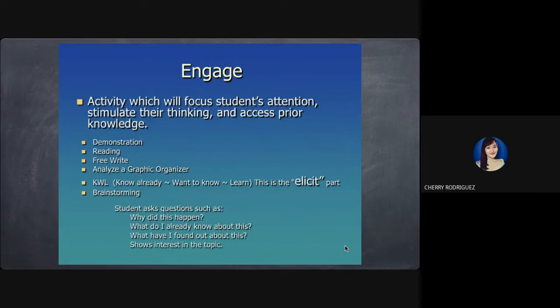We ask students questions like: why did this happen? What do I already know about this? What have I found about this? And it shows interest in the topic.